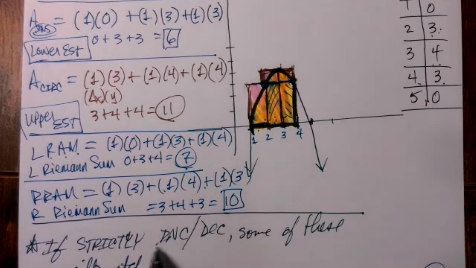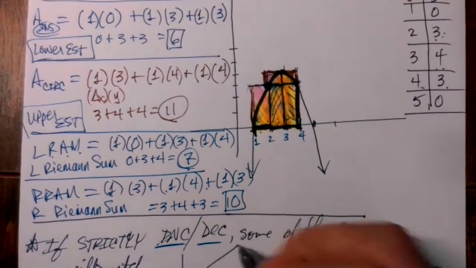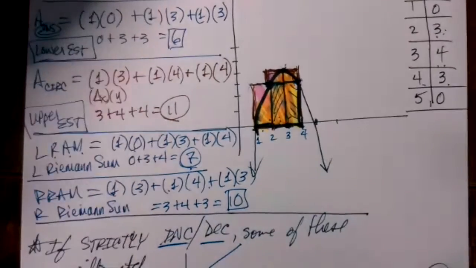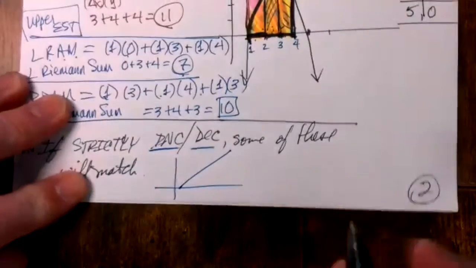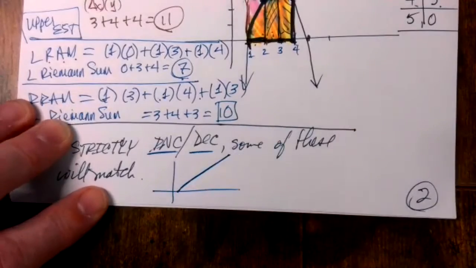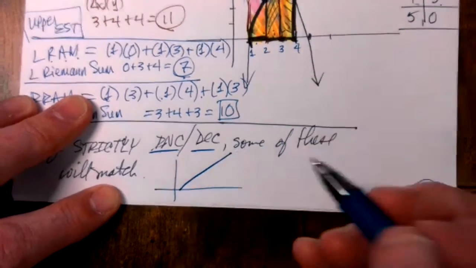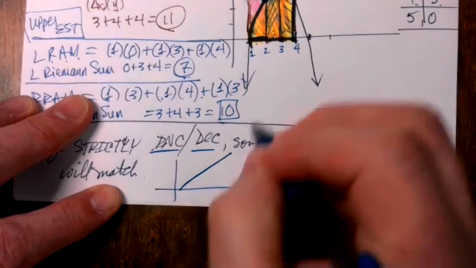If you have a function that is strictly increasing, so in other words, it's going up. Oh, and I'm off screen, sorry. If I have a function that is going up, strictly increasing means it's never decreasing and it's never at a height of 0. It doesn't have to be linear. It could be curved, could be a parabola.